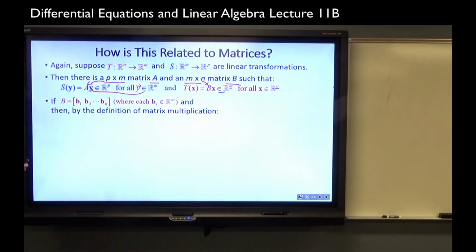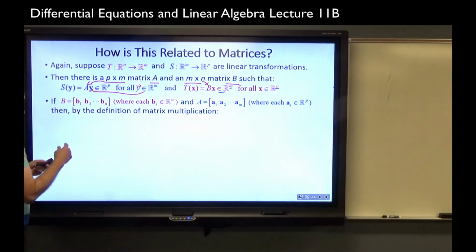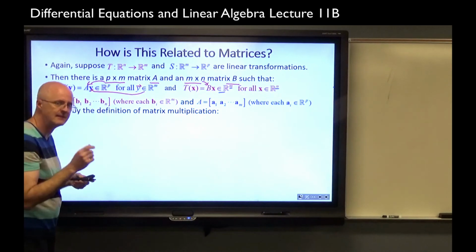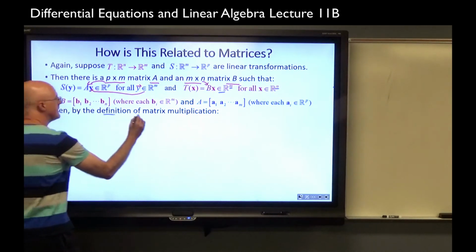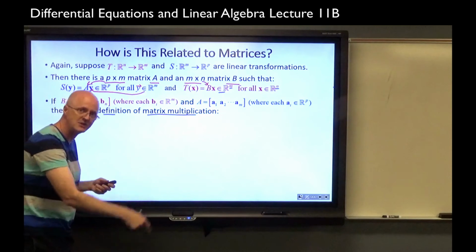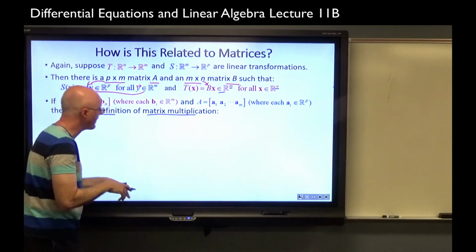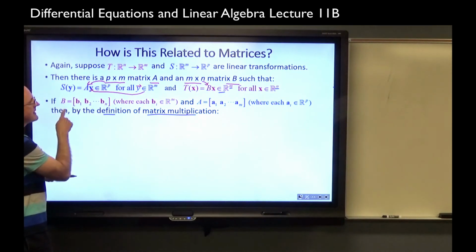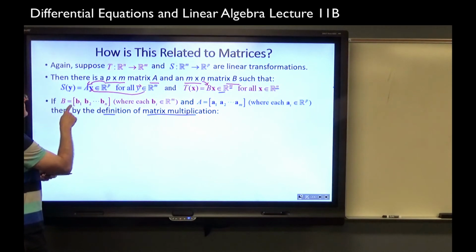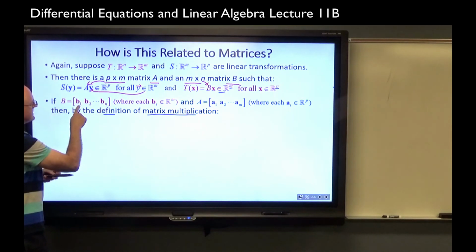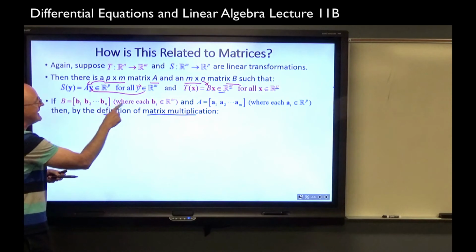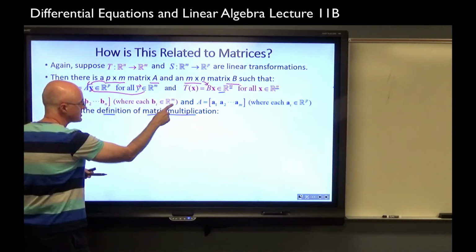And in fact, as we wrote before, we can write the columns of these matrices in these ways. Think carefully about these dimensions here. This is related to the definition of matrix multiplication as a linear combination of the columns with the entries of the vectors as weights. B, remember here, is M by N. N columns, so there you see B1 through Bn. Each of these B's is M-dimensional.